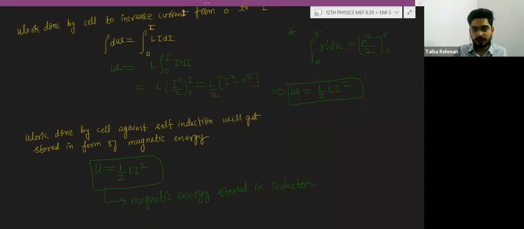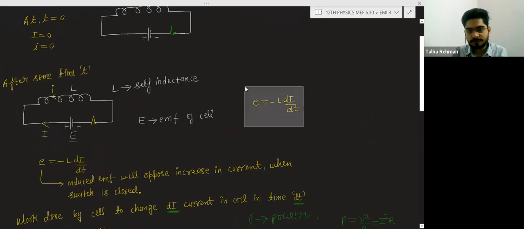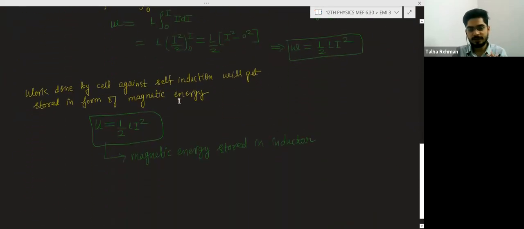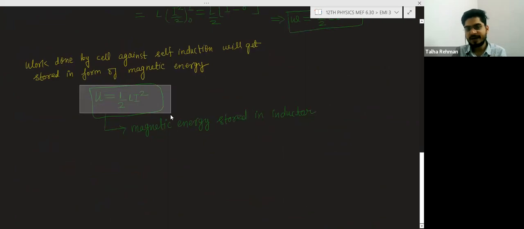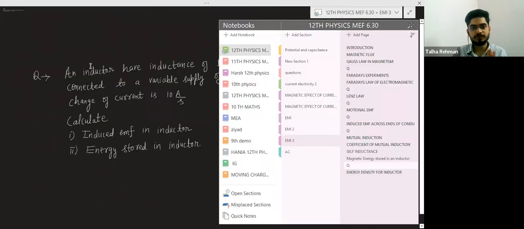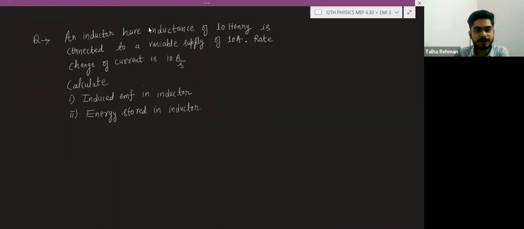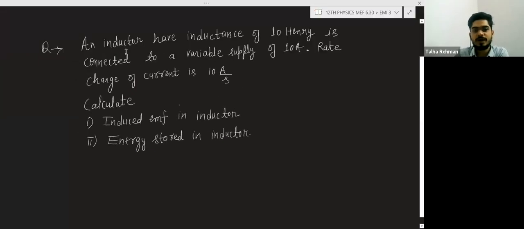So this formula is equal to minus L di by dt. This is the induced EMF in an inductor, and this is the magnetic energy stored in an inductor. You should know. Okay, so on this I am taking one question. In this question they are saying an inductor has the inductance of 10 Henry.